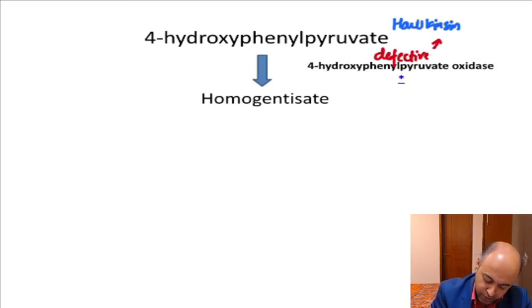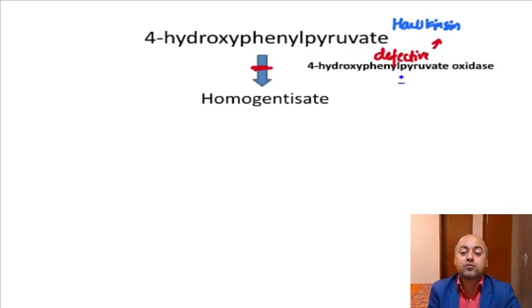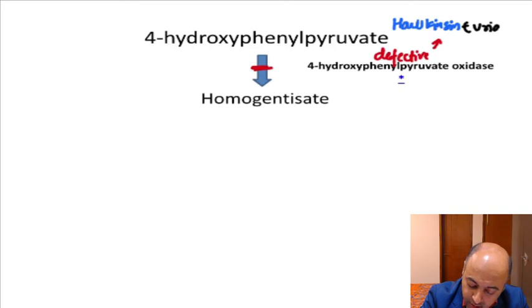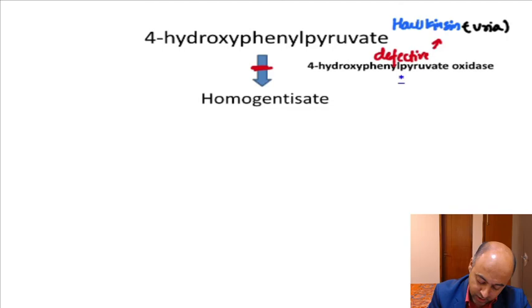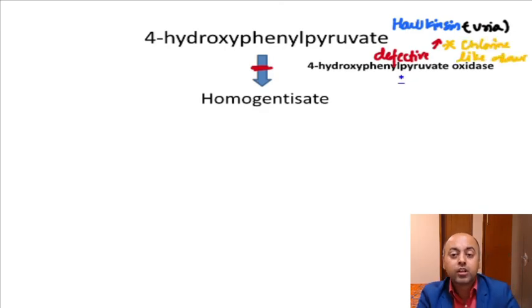An intermediate product is formed. The metabolism will stop somewhere in between. Because this Hawkinsin can come out in the urine, the clinical condition is called Hawkinsinuria, where we have a chlorine-like odor in the urine.